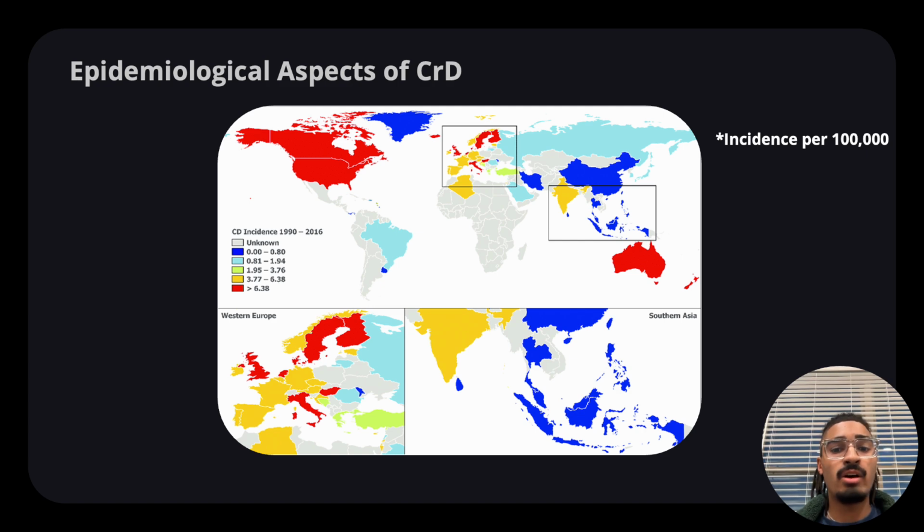Why is this? Well, it's thought that having access to fast food, living in highly industrialized areas, many of these factors actually contribute to the development of Crohn's disease. And as you can see in these countries that are also highly modernized, industrialized areas, we have higher incidence rates in comparison to other countries.